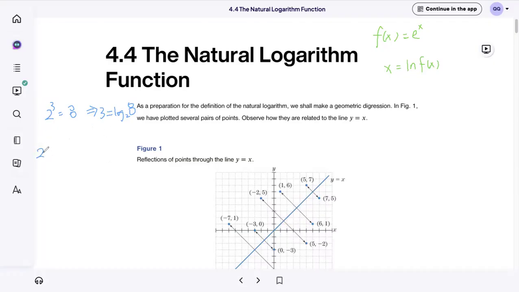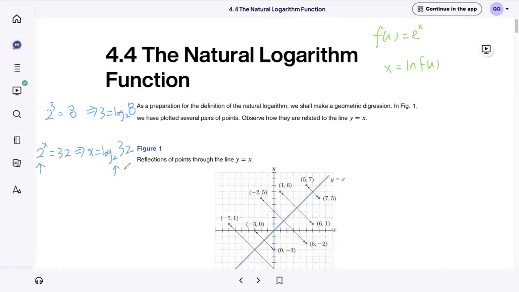Because if I have 2 raised to x equals, let's say, 32, and I want to solve for x, I can write it as x equals log base 2 of 32. You see, 2 is the base. 2 is the base in exponential form. 2 is the base in logarithmic form.